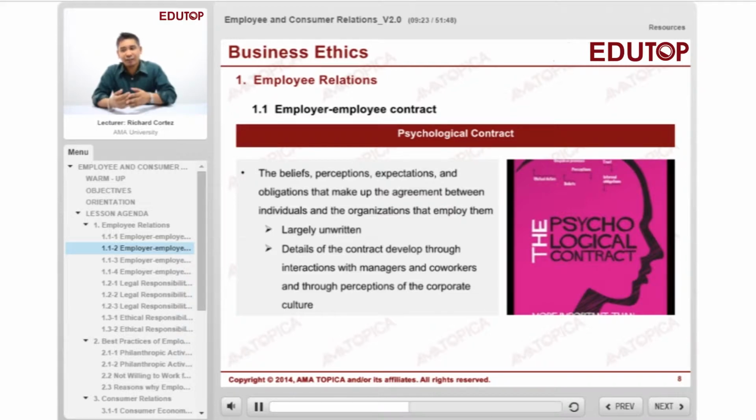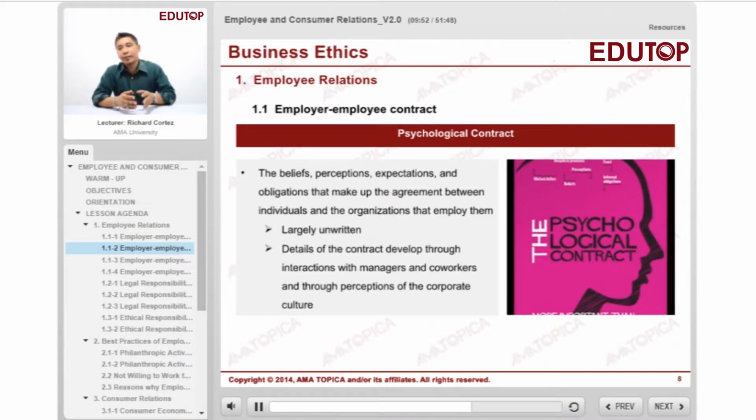Even without a contract, a professional applicant should always act professionally if hired by an employer. And the psychological contract details the contract developed through interactions with managers and co-workers and through perception of the corporate culture.